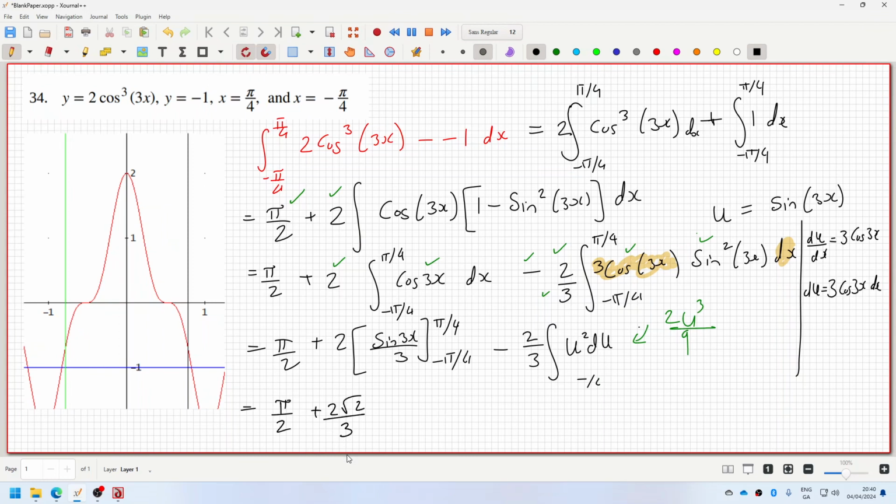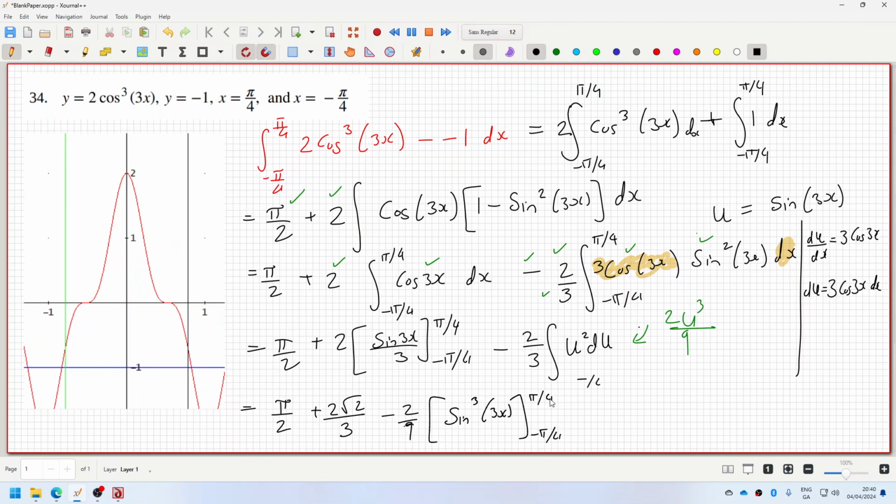Yeah, maybe that's the issue. Let's see. And then this one here will be minus 2/3, or 2/9 sine cubed 3x, minus pi over 4 to pi over 4.